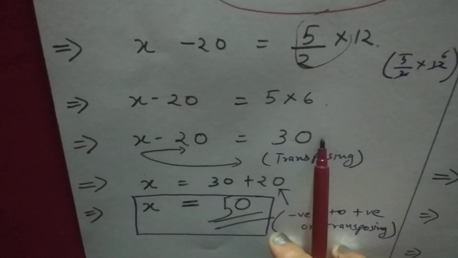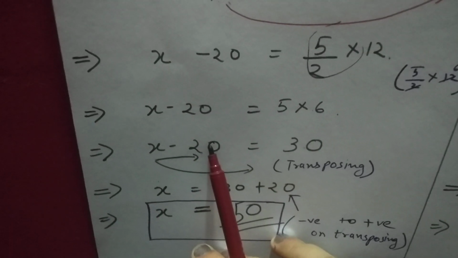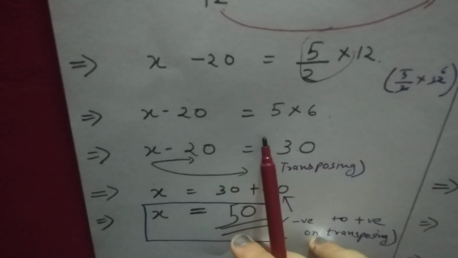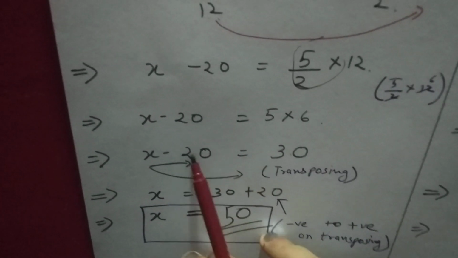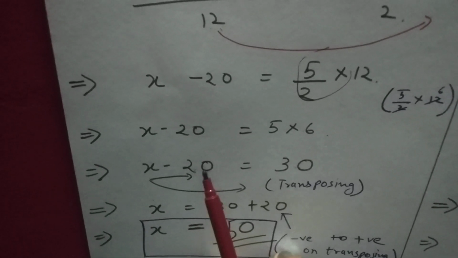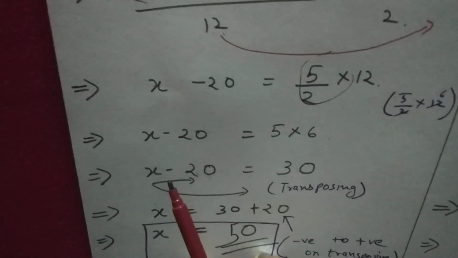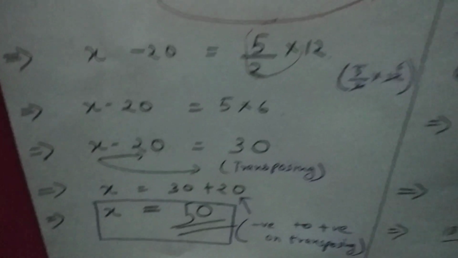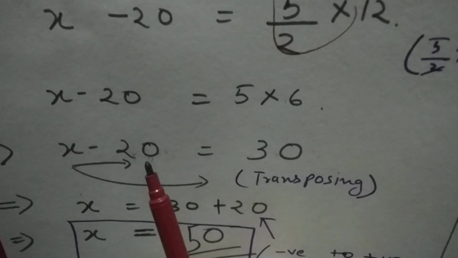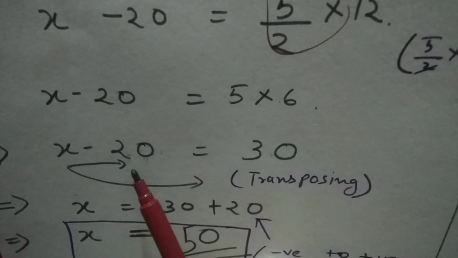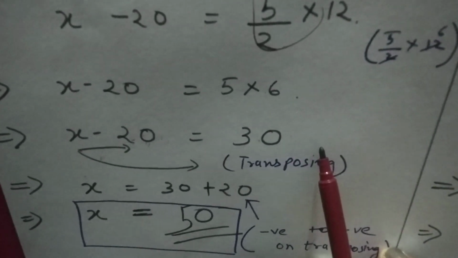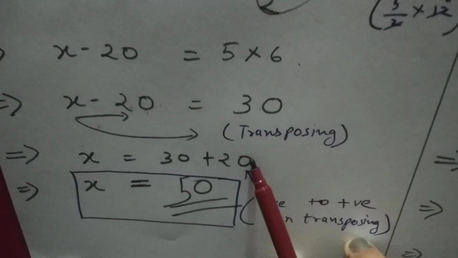Move 20 to this side, and because we are moving this 20 to this side, the sign of 20 will also change while moving the constant. This is minus here, and जब this constant will move to other side, this minus sign will change to plus sign. So you can see here 30 plus 20, because 20 को मूव करा रहे हैं एक साइड से दूसरे साइड पे, और 20 के पास माइनस साइन है, तो दूसरी साइड पे मूव होने के बाद it will change to plus sign. So that's what happened here.